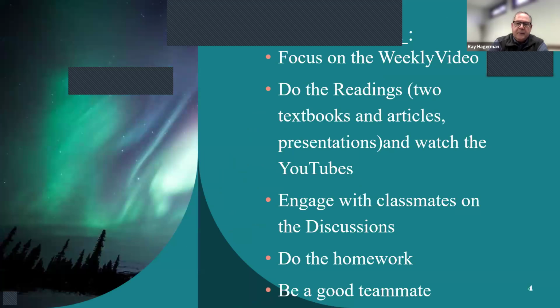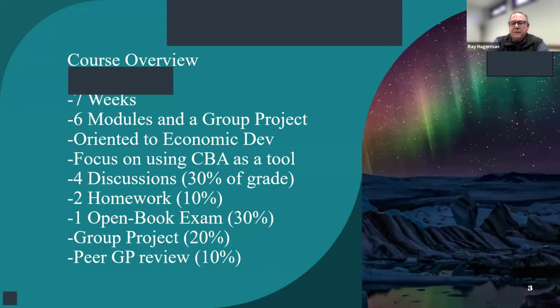So let me back up one. The course overview, and this is something that will be in the syllabus, but I want to tell you openly, here's what we're going to do and here's how you're going to be judged. This is a 7-week course, so we're going to cram things into 7 weeks, but it's not so much information that you can't do it and do it successfully.